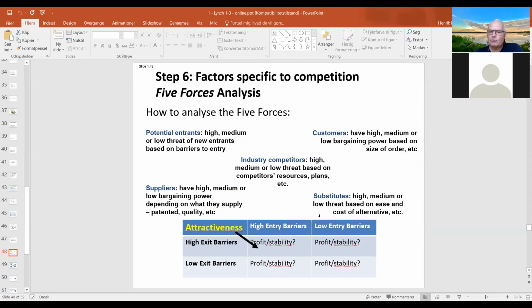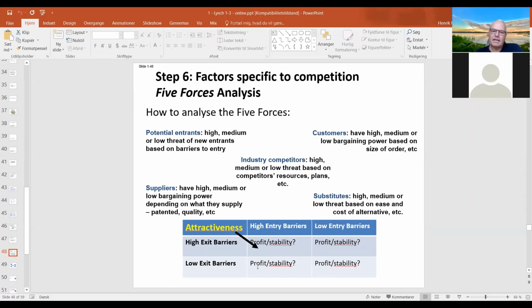And the same goes for low entry barriers, because if we do not have a lot of barriers to enter a specific industry, then it's easy to get in, and therefore a lot of people would like to get in. So it indicates that the profit might be low.